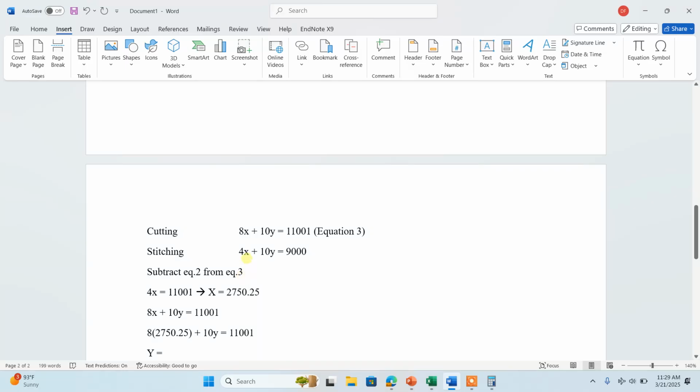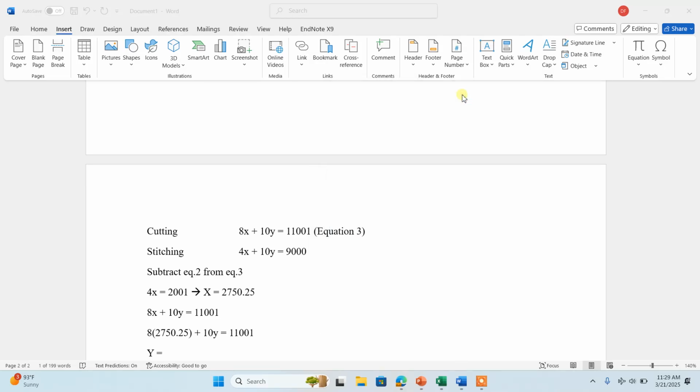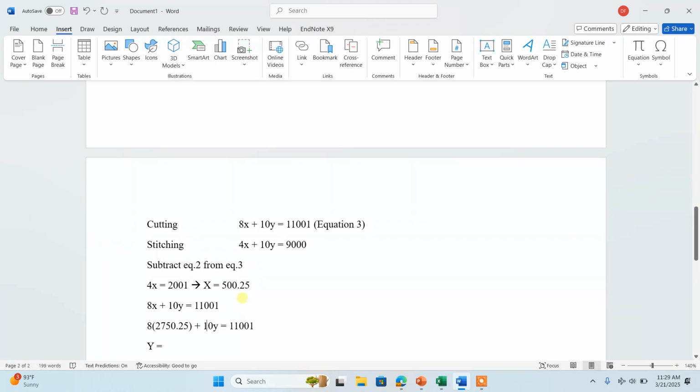Let me do it again. 8x minus 4x is equal to 4x. 11,001 minus 9,000 is 2,001. That's why I was a bit surprised that the value is very different. It is 2,001 divided by 4 is 500.25. Sorry, 500.25.